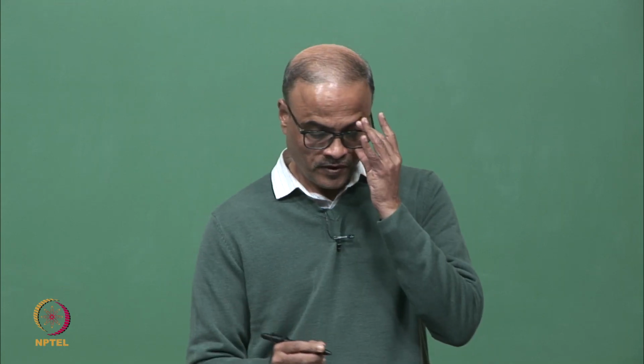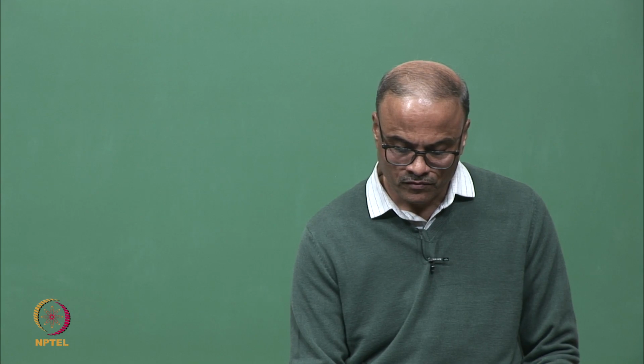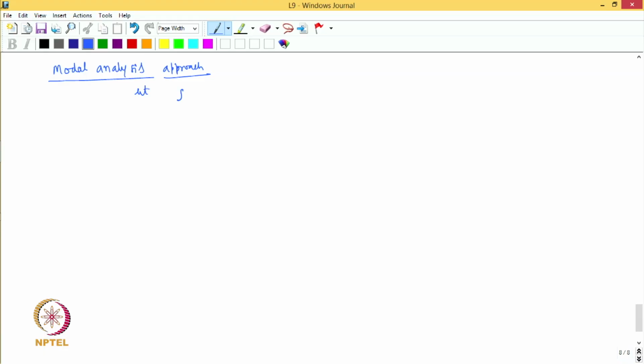in the modal domain. We perform a modal transformation and say let x is equal to phi y, where phi is the matrix of mass normalized eigenvectors.